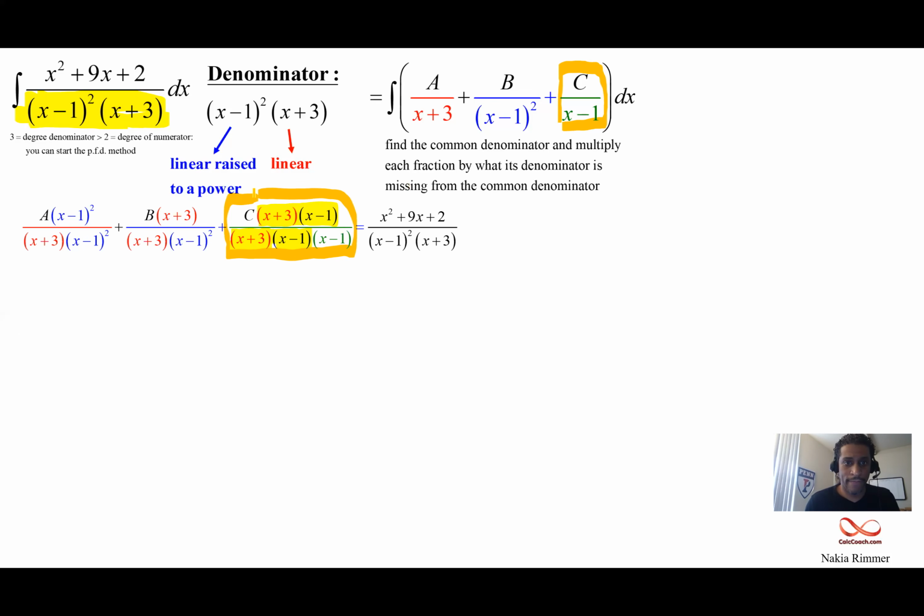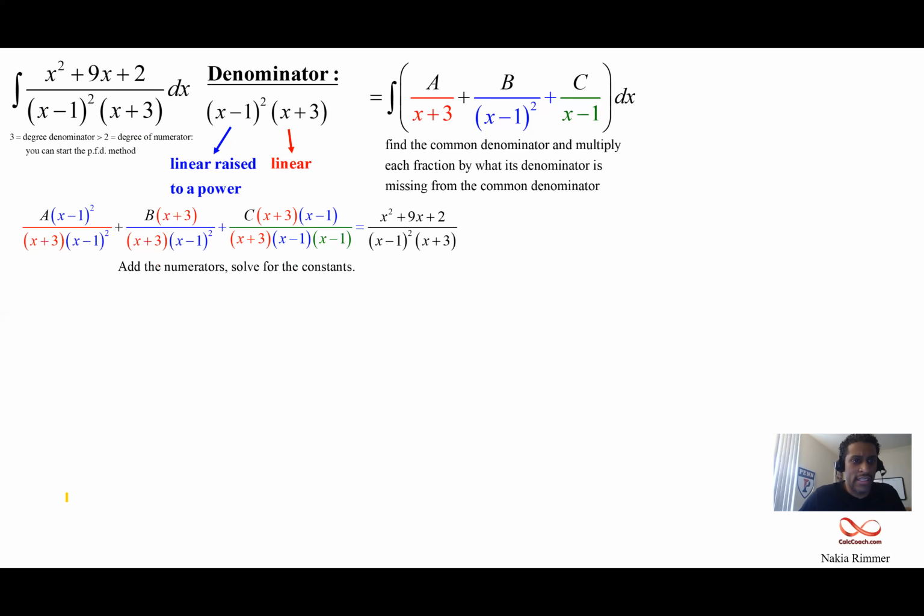Okay? All right, great. Let me erase all these highlighters. Here we go. And it's supposed to be equal to the original fraction. That's what's on the right-hand side there. What do you do once you have the common denominator? Well, you then focus all of your attention on the numerators. You're going to put them all together. On the left-hand side, the new numerator would be all these added together.